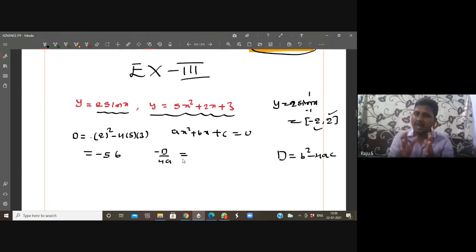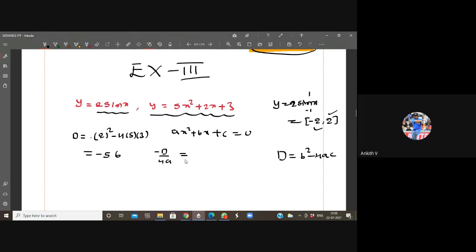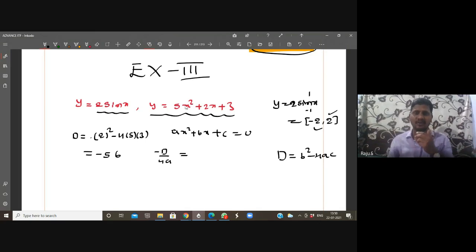The minimum value formula is minus d by 4a, and the maximum value is also minus d by 4a. That depends on the sign of a, the x square coefficient.